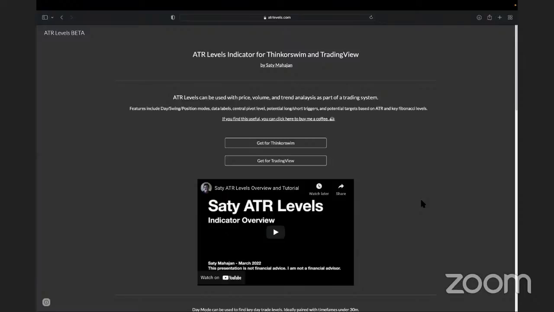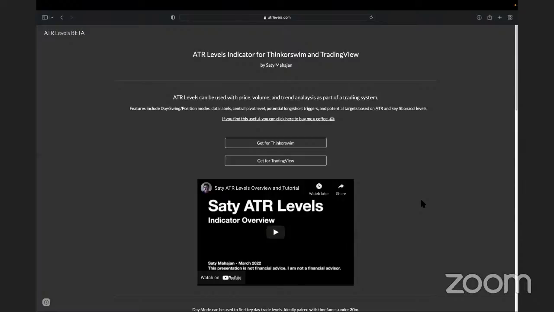Let's start with the basics first. Just a quick 2-minute introduction for the folks who are new to this indicator, and what does it do? Yeah, so let's start with a high-level overview. Using some technical analysis on ATR and fib levels, ATR Levels effectively calculates 7 levels for you on various time frames.